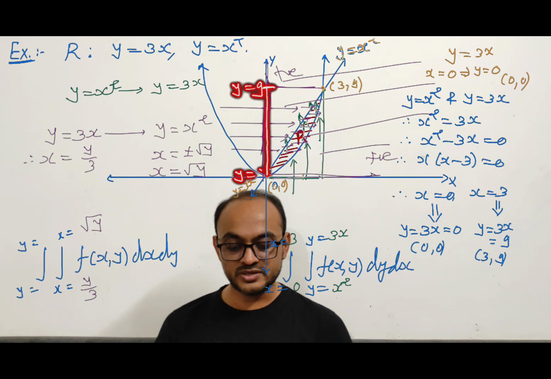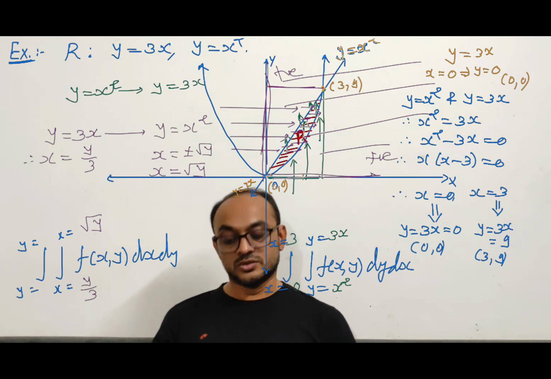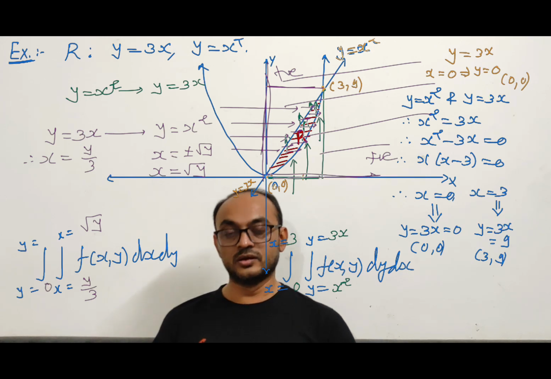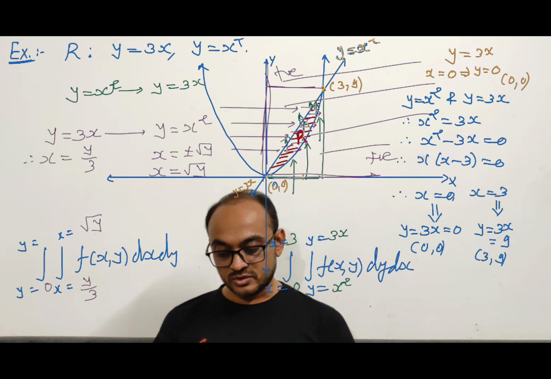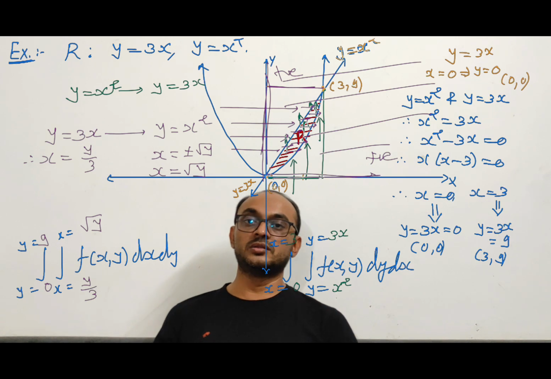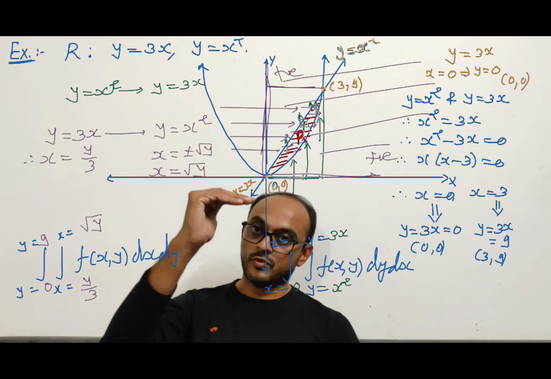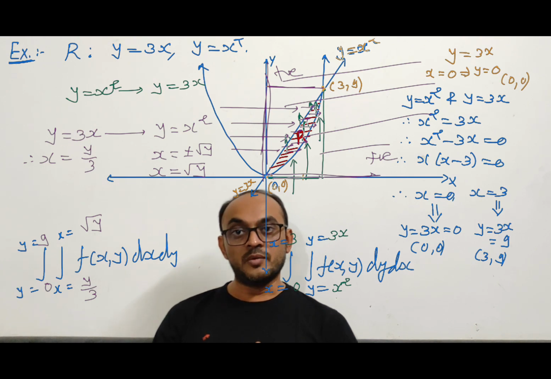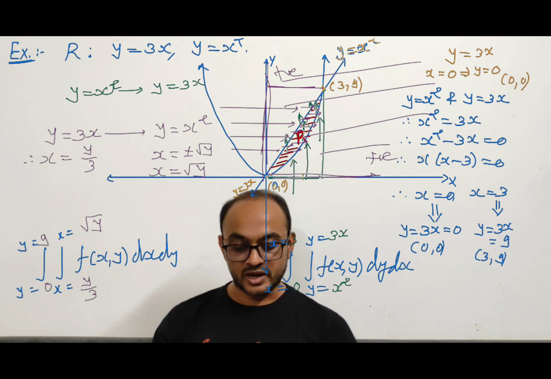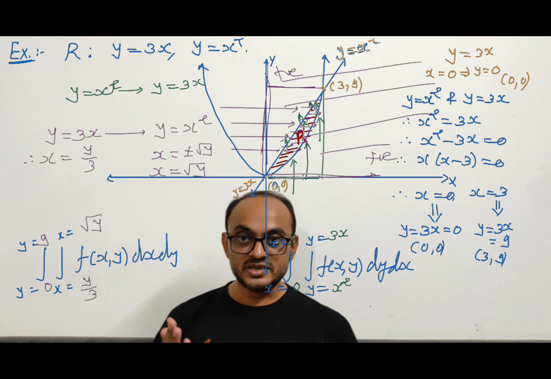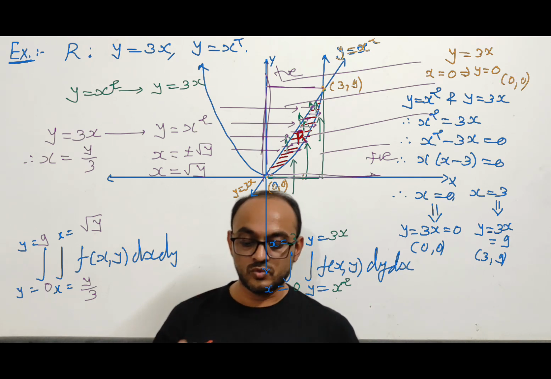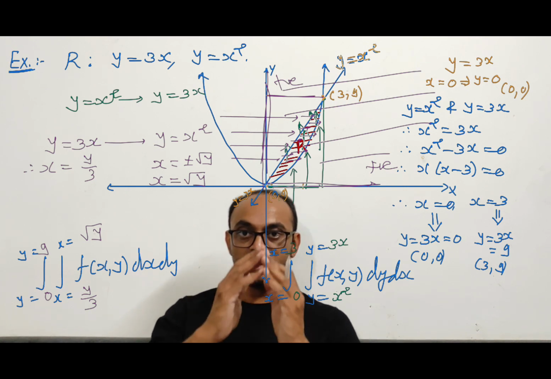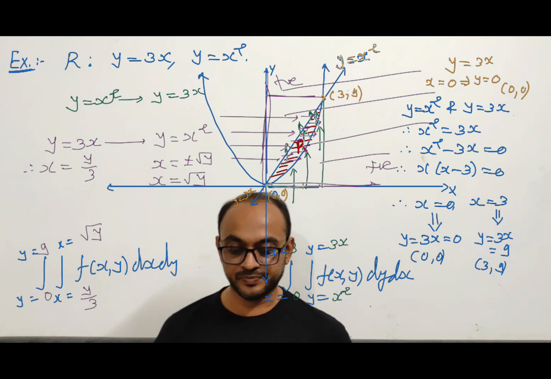So the lower value, y equal to 0, is my lower limit and the top point of the region becomes my upper limit, which is y equal to 9. So is this clear? Whenever we are given the curves y is equal to 3x and y is equal to x square, this is how we write the limits.